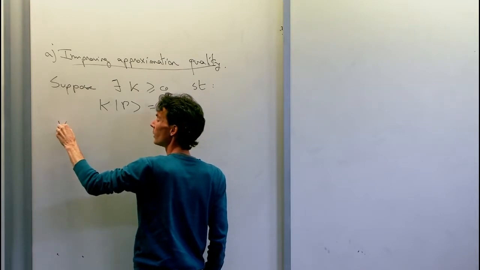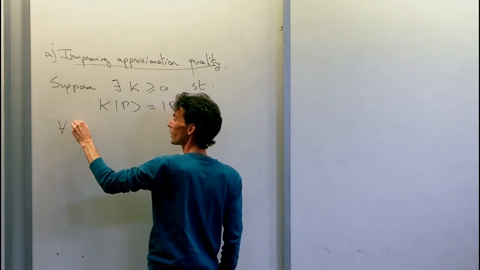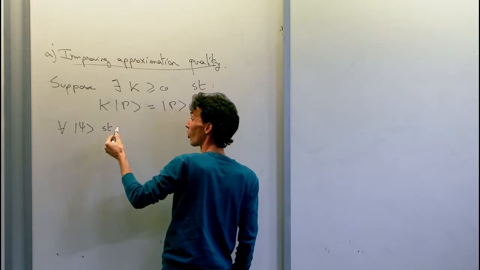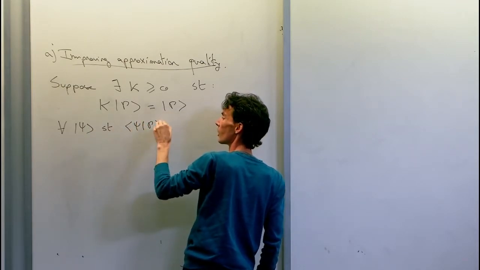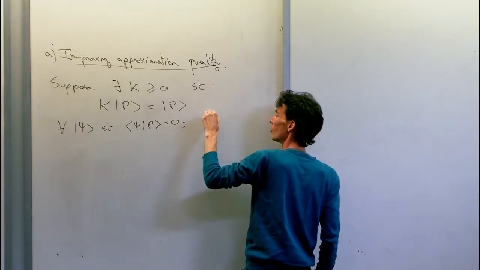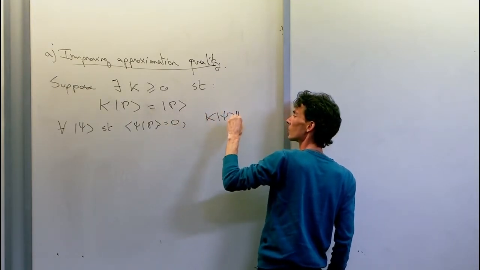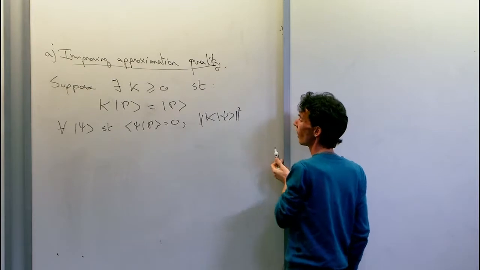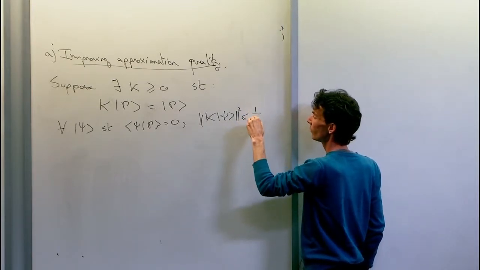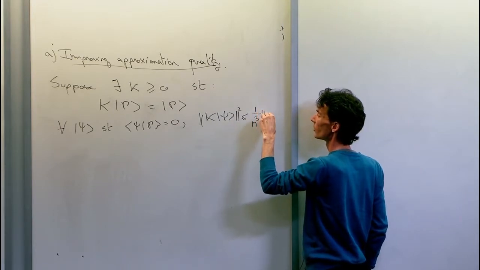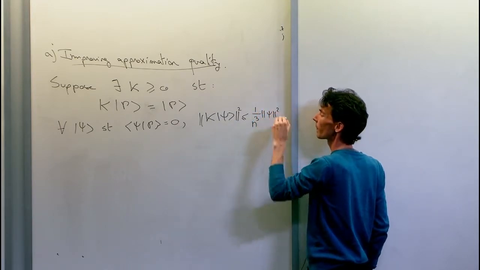Then it has the property that if you take any psi that is orthogonal to the ground state, so any excited state in particular, such that the overlap of psi with gamma is 0, then the norm of K applied to psi is at most inverse polynomial, let's say 1 over n cubed, times the norm of psi squared.